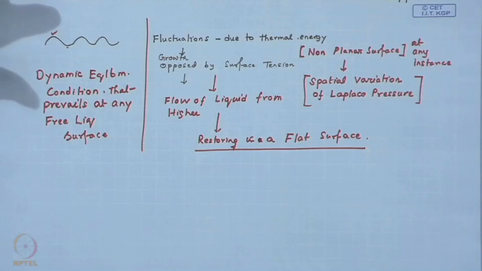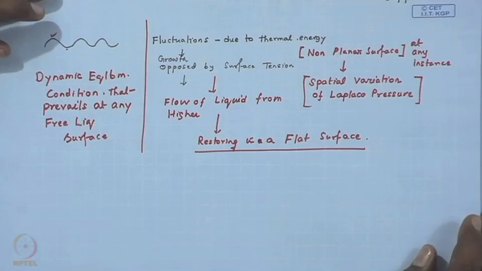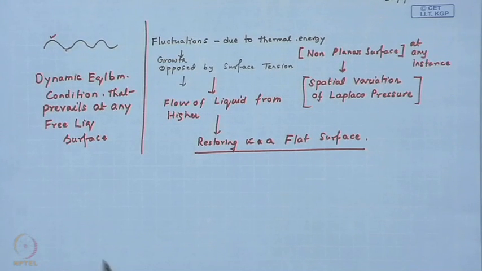I mean, nobody even cares about these 1 nanometer fluctuations, whether they remain or not. But now, let us focus our attention on a thin film, where all the interesting things are.